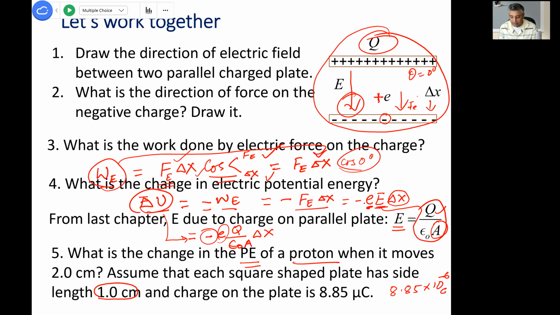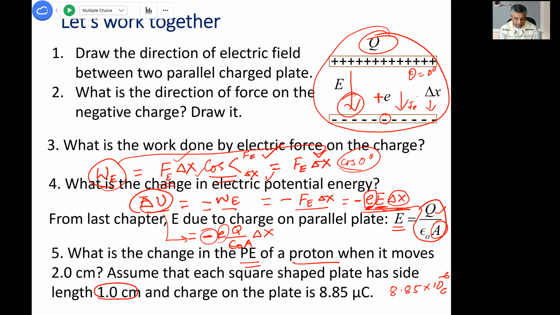We get negative, and what's the value of the charge of a proton? Same as the charge of the electron, only the sign is different, okay? So it's going to be the same. Basically, you can just plug in numbers. It looks like it's going to pick up that negative sign, and you're going to get the answer. You just plug in those.